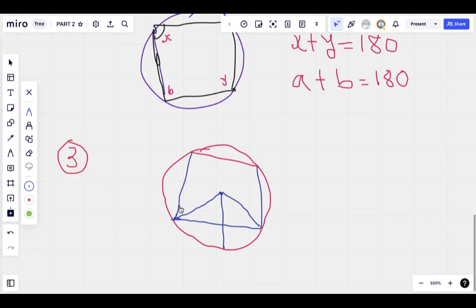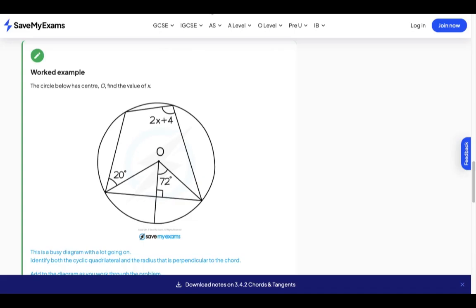They gave us this angle to be 20 degrees. And they gave this place to be 2x plus 4, if I'm not mistaken. 2x plus 4. And here is 72.